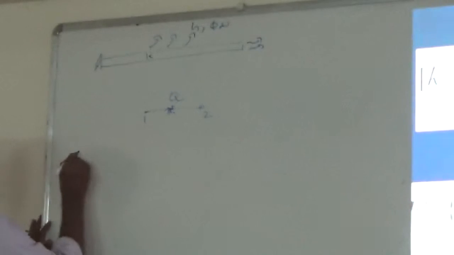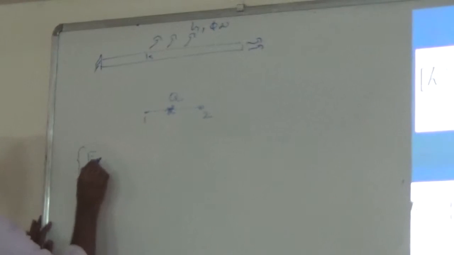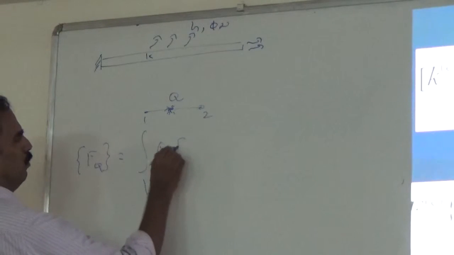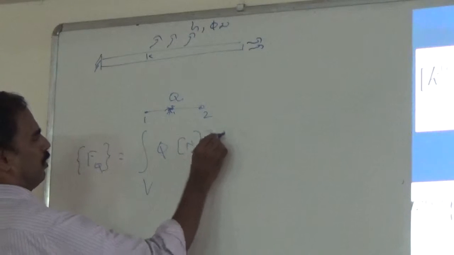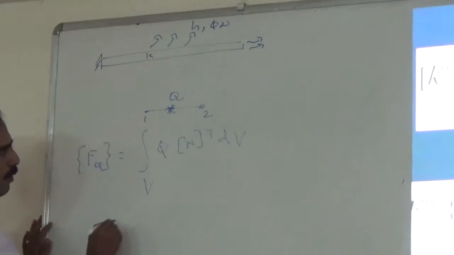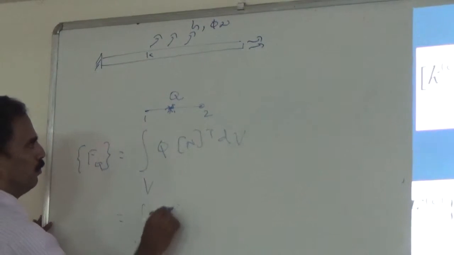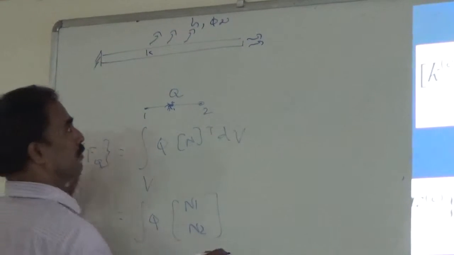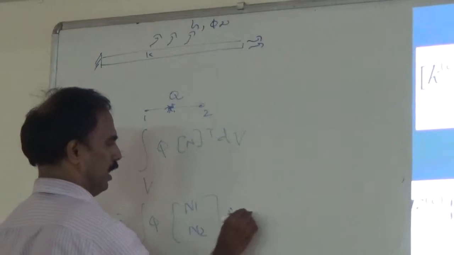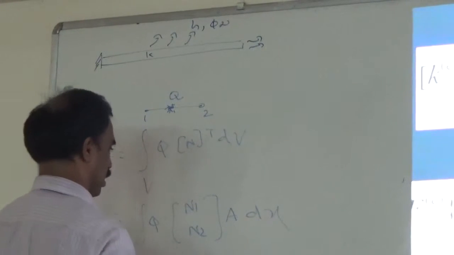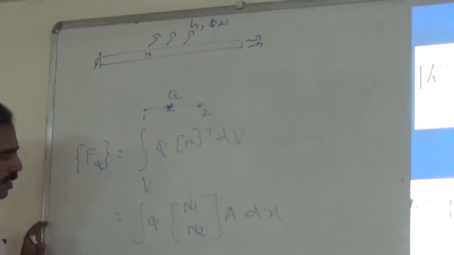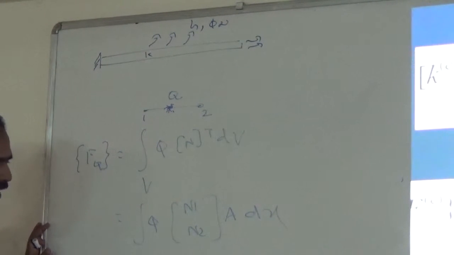The load vector due to the heat source is given by this volume integral of Q N transpose dV. So this is Q N1 N2, and for a constant cross-sectional area, dV is A into dx. Now Q is a constant term and A is a constant, so I can take them outside the integral.